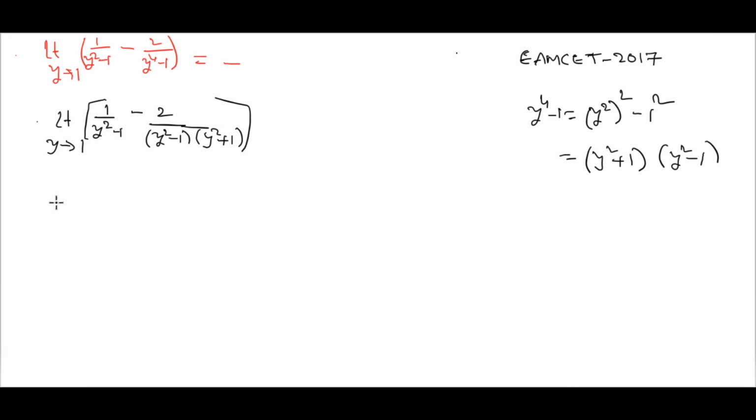So take 1 by (y square minus 1) common, limit y tends to 1, 1 by (y square minus 1) take common, that is 1 minus 2 by (y square plus 1).